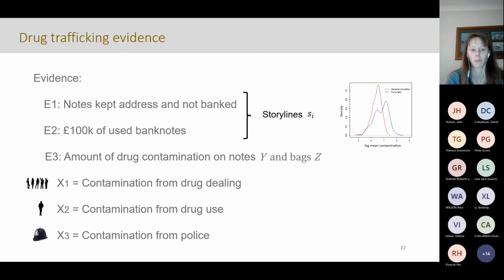Firstly, they can come from the fact that the notes were owned by drug dealers. Secondly, they can come from the fact that the notes were owned by and contaminated by Stephen Compton's own drug use. And thirdly, it could have come from contamination from the police when they counted the notes on this table. We assume that all these different sources of contamination are additive and they combine to form Y, the total amount of contamination on the notes.